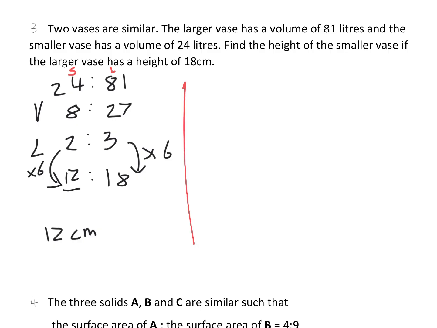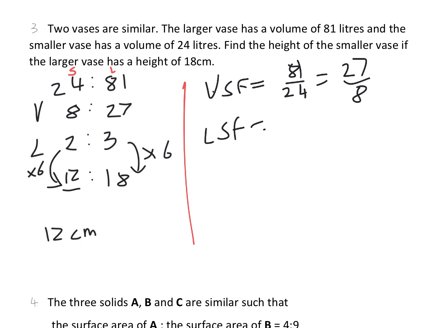If we were just doing scale factors, the volume scale factor would be 81 divided by 24, which gives 27 over 8 if you keep it as a fraction. I would then work out the length scale factor by cube rooting the volume scale factor, which would give me 3 over 2.